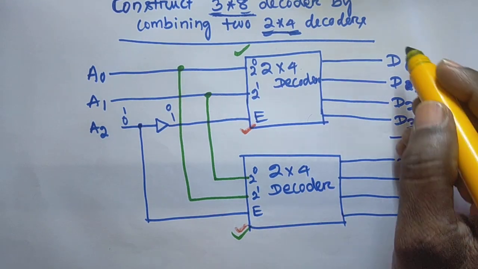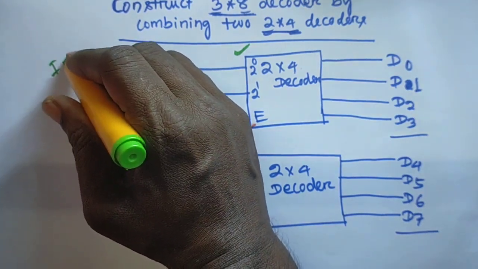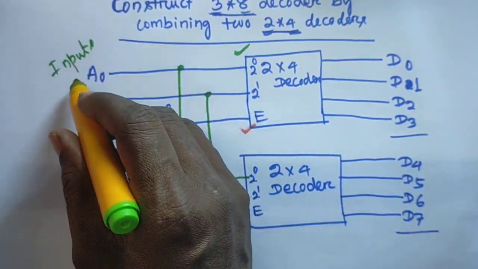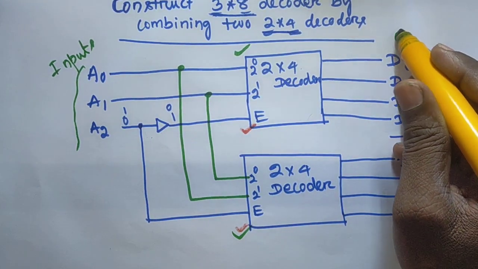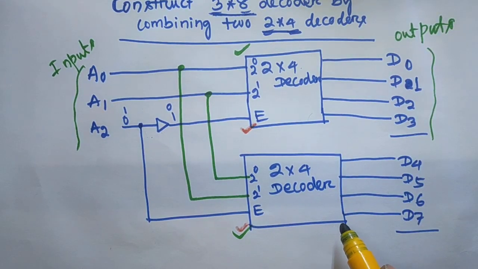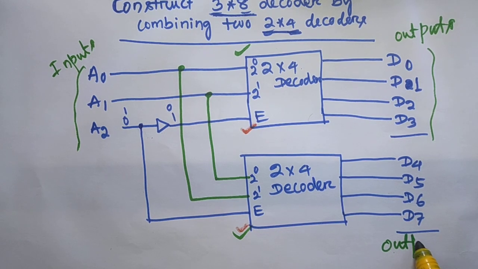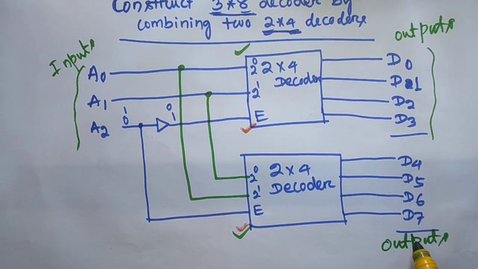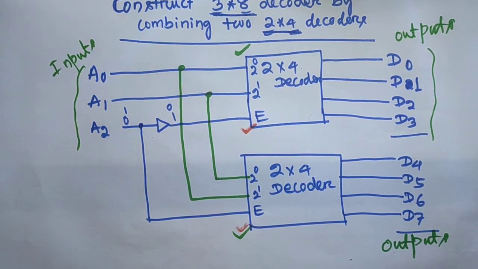So these are inputs, and these are outputs. Similarly, these are also outputs. That is 8 outputs in total, and these 8 outputs depend on these 3 inputs.